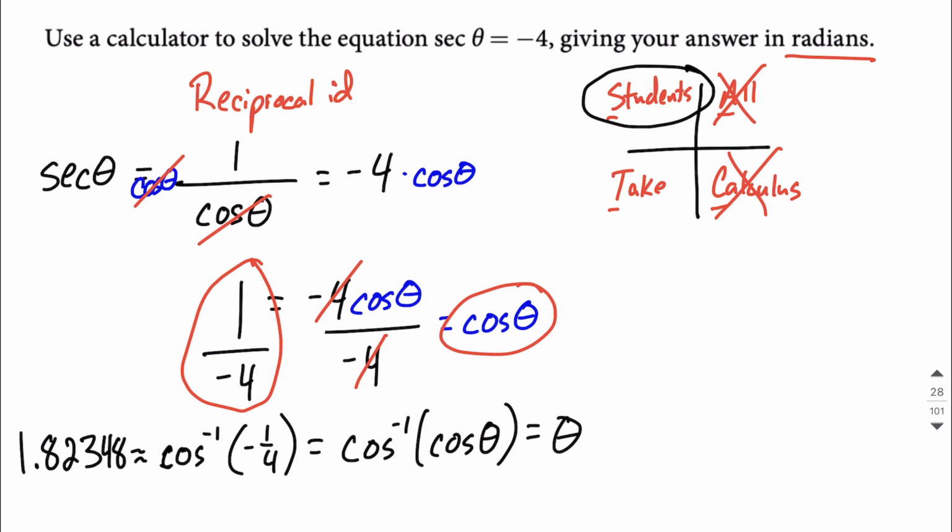That 1.82 whatever is an angle that's in the second quadrant because cosine is negative in the second quadrant. If I were to draw that in, it is somewhere out here in the second quadrant, that 1.82348 number. What we would like to do is find the reference angle and use that.